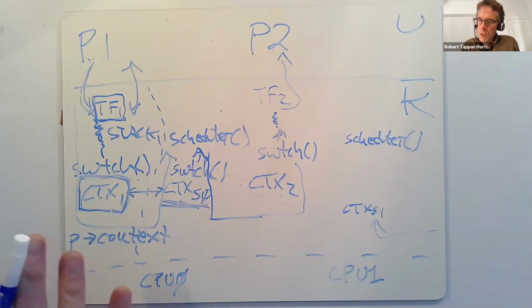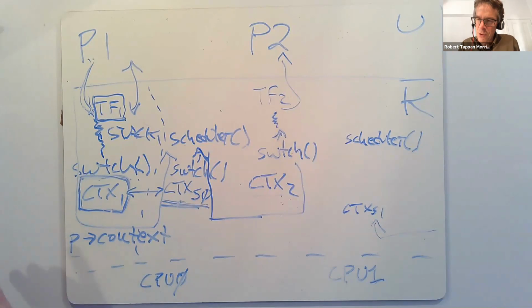So everything we're going to talk about now, except for the timer interrupt, is pretty much the same if we're in a system call, and the system call needs to wait for I/O and give up the CPU. For the purposes of today's discussion, the two situations are almost identical.